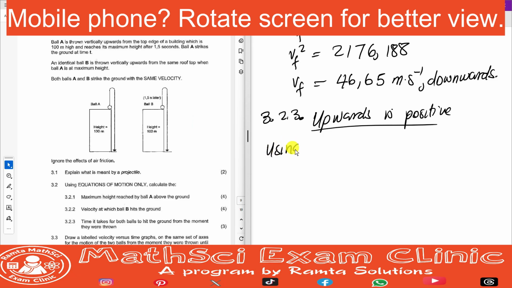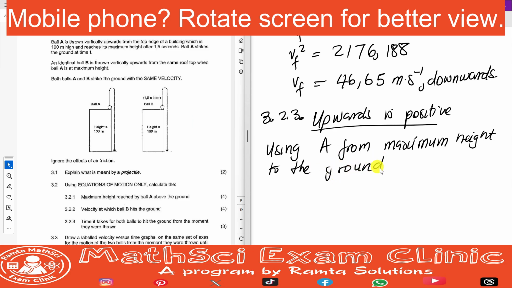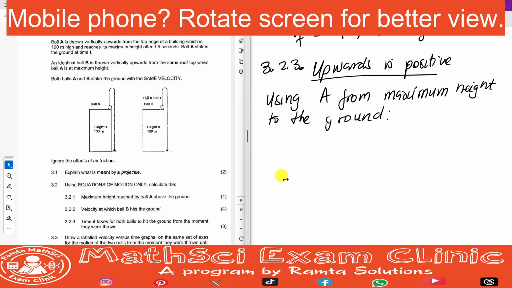Using A from maximum height to the ground, I know the initial velocity is 0, and the final velocity we have just calculated, haven't we? Yes, we have.